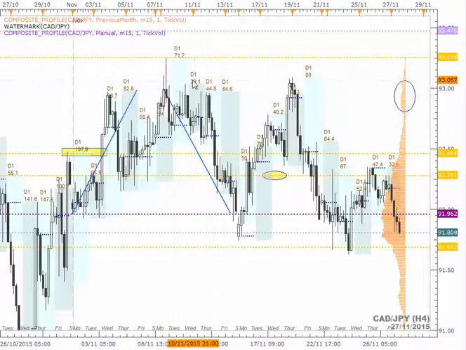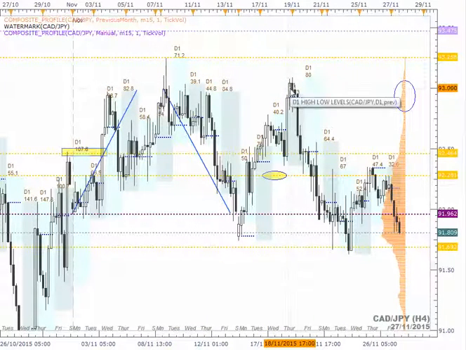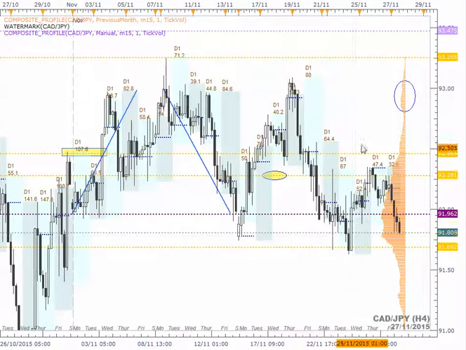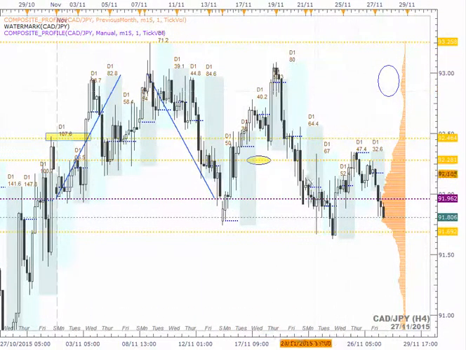It's all wicks in this area here, and then when we did have one body close up there, it just immediately plummeted after that. And where did it plummet to? Where did it fall to? Right back down to the volume point of control.